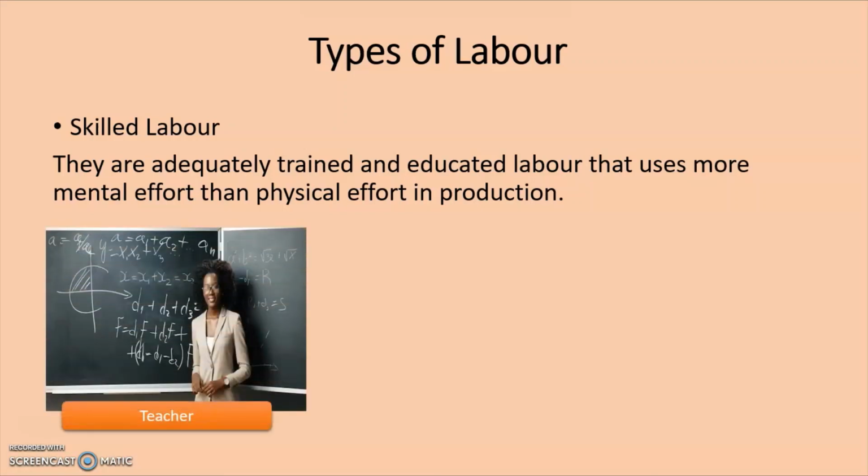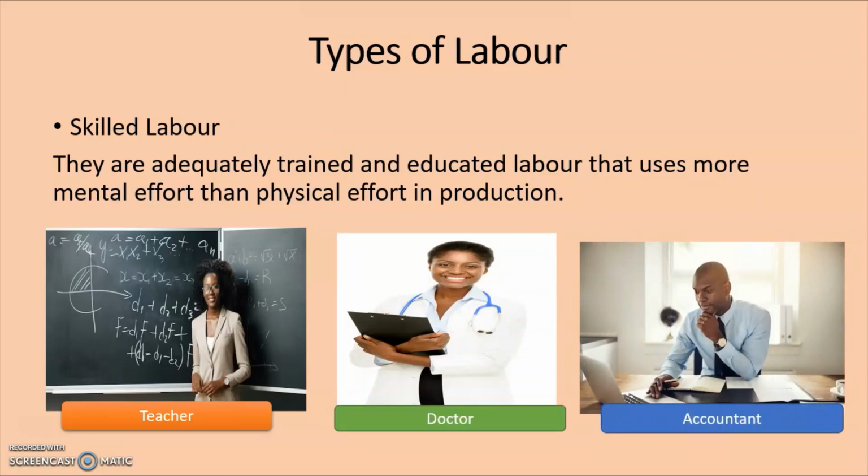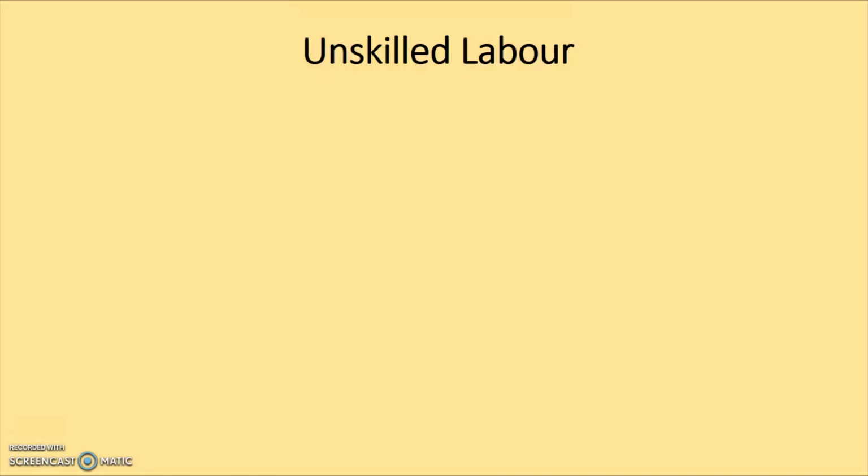So that is a skilled labor. A typical example, we have the teacher, the doctor, and the accountant. So you realize that these three types of labor use more of their mental effort or strength than their physical effort or strength to produce goods and services.